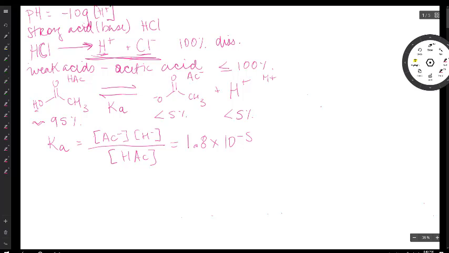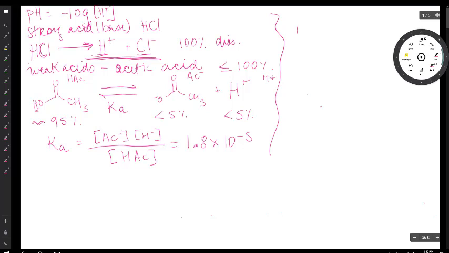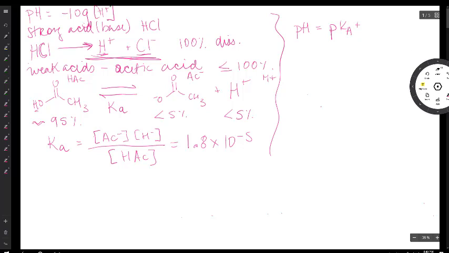And so some of you may remember the Henderson-Hasselbalch equation from general chemistry. The Henderson-Hasselbalch equation is: pH is equal to the pKa plus the log of the conjugate base over the acid, or the base and the conjugate acid, vice versa.